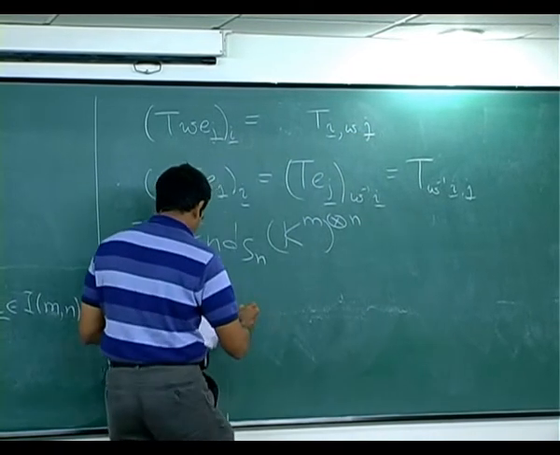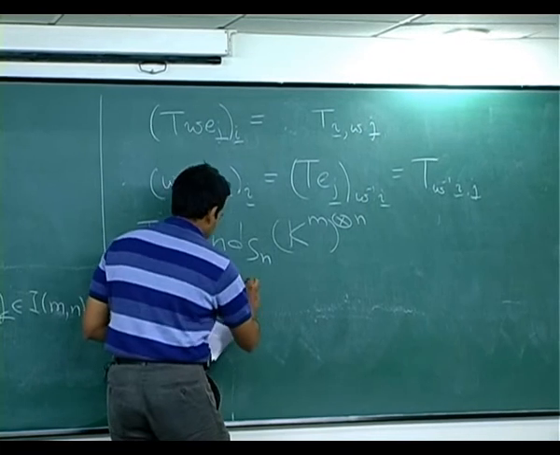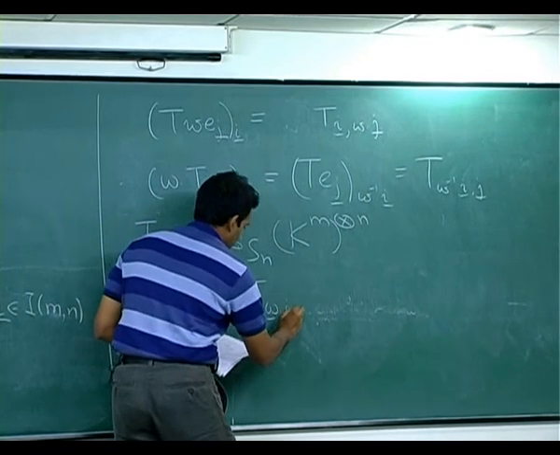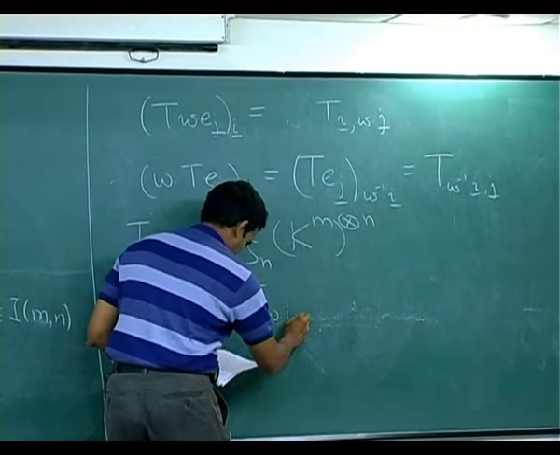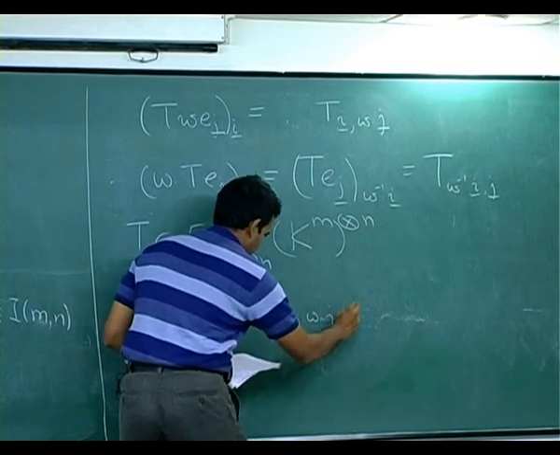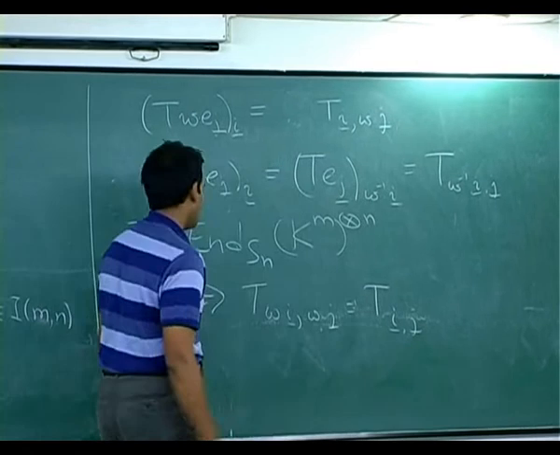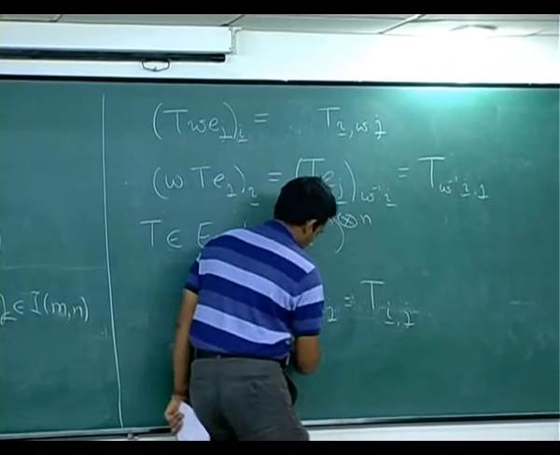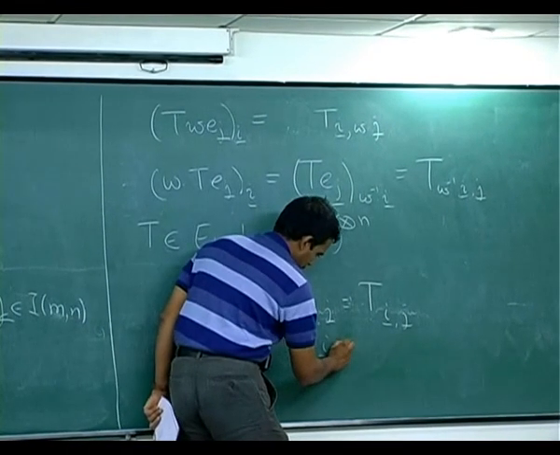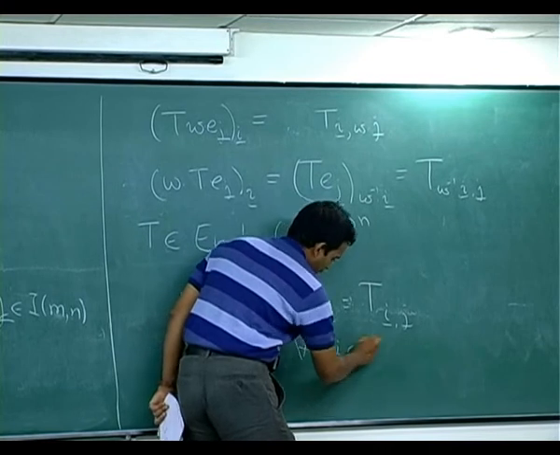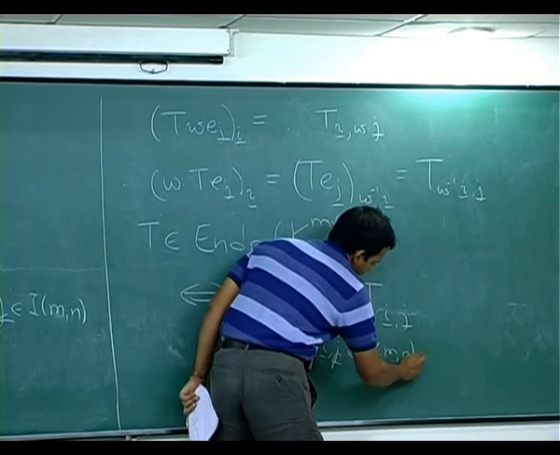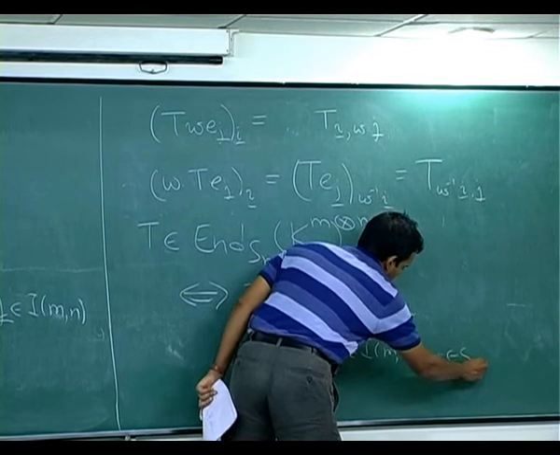So, I can just write that as T(W·I, W·j) equals T(I, j) for all I, j in I(m, n) and W in S_n.